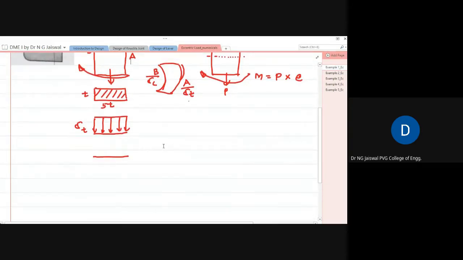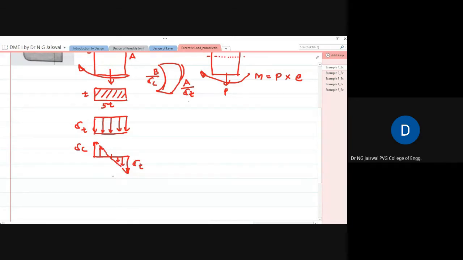Therefore, if I draw again a stress distribution diagram, A fibers are again subjected to sigma t, which I have taken in the earlier figure as downward, that's why this is again sigma t. But now B fibers are subjected to an equal amount of sigma c, and the neutral fiber will be at the center. So something like this, I get a stress distribution diagram, right?